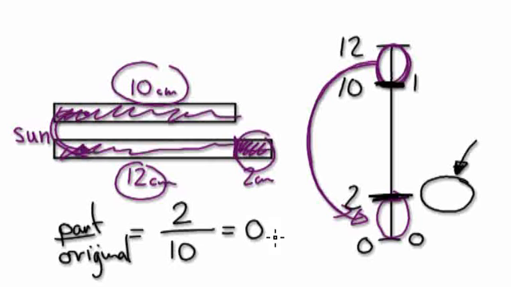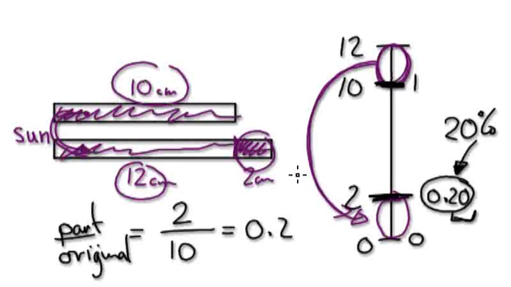So this equals 0.2. So this level here is 0.2. So 0.2 is like 0.20, and 0.20 is 20%. So the increase here is 20%. You can say this rod has increased by 20%.